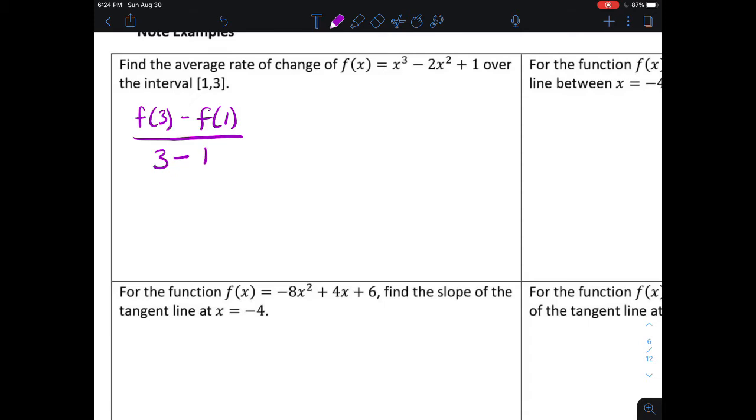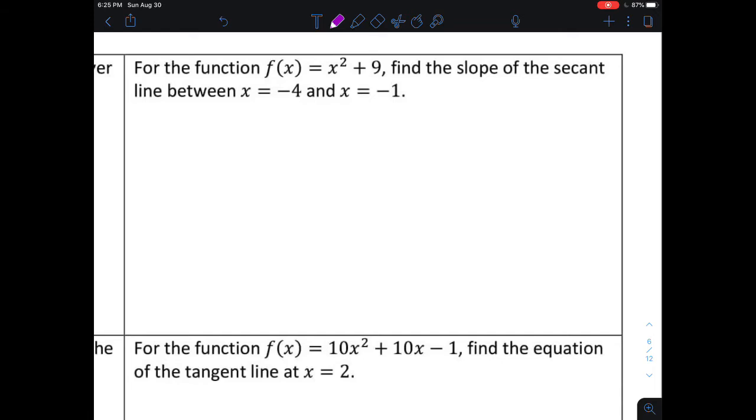All I need to do is figure out what those y values are. We should get f of 3 to be 10 and f of 1 to be 0. Then we put those back into our average rate of change formula, and we have 10 minus 0 over 3 minus 1. So the average rate of change of the function over that interval is 10/3.